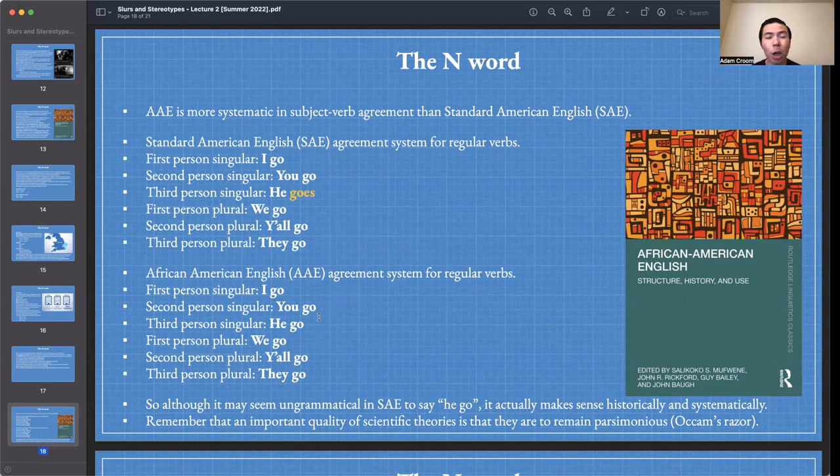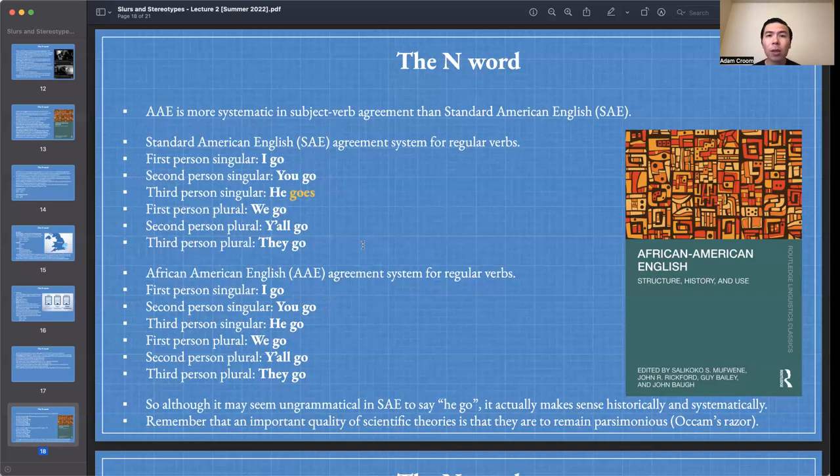SAE. In general, when we're thinking about what theoretical systems to adopt, Occam's razor suggests that we should adopt the most elegant or parsimonious one, right? We don't want scientific theories to be unnecessarily complex.